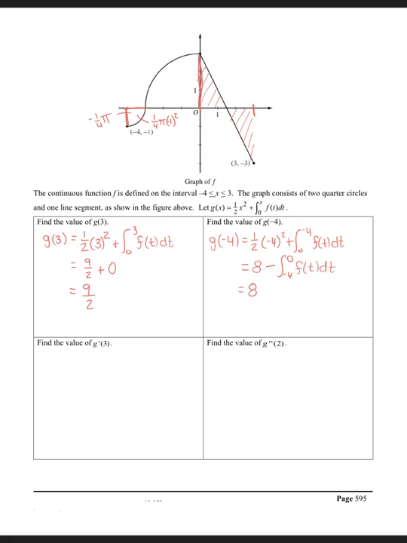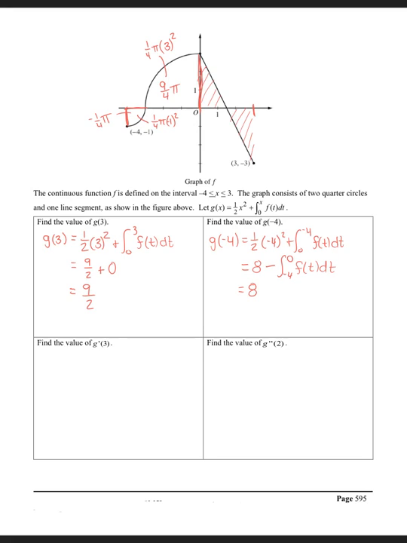Up here, this is a much larger quarter circle, so it's 1/4 pi, and my radius is 3, so I would have 9/4 pi.